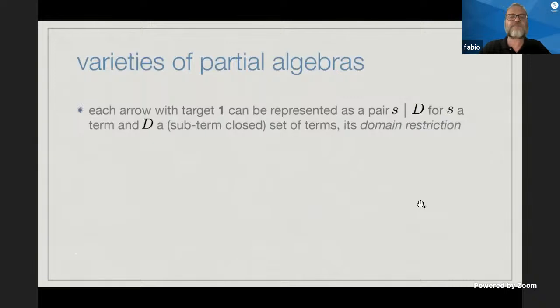So if I'm in a restriction category built freely out of a signature, each arrow which has target 1 can be represented as a pair like this, S and D, where S is a term out of the signature, and D is just a subterm-closed set of terms, which is called its domain restriction. It's basically telling you to throw away some of the possible values for which S could be defined.